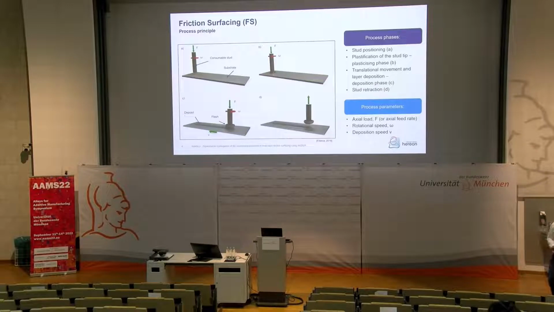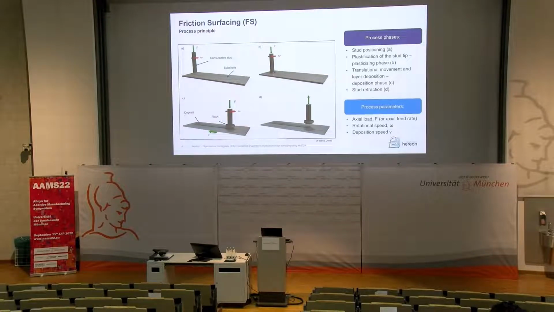And the first process step is to position it to the starting point. Afterwards, we start the rotation of the stud with a certain rotational speed, which is one of the main process parameters. And afterwards, when the final rotation speed is achieved, it's pressed to the substrate plate.